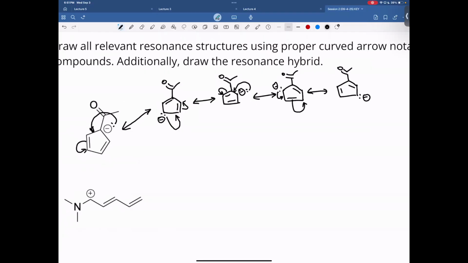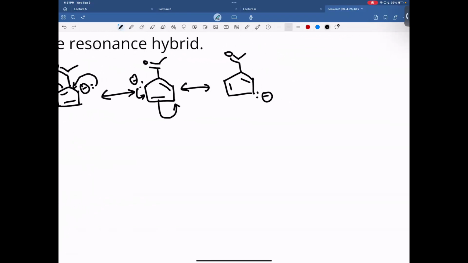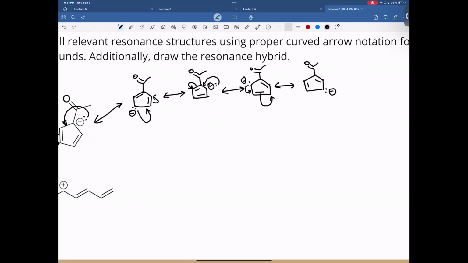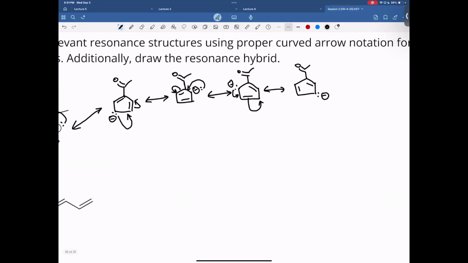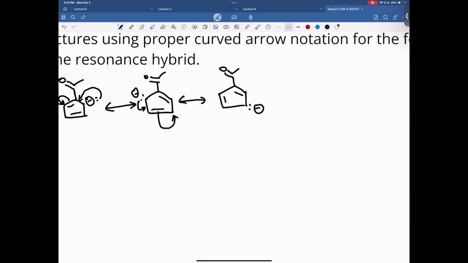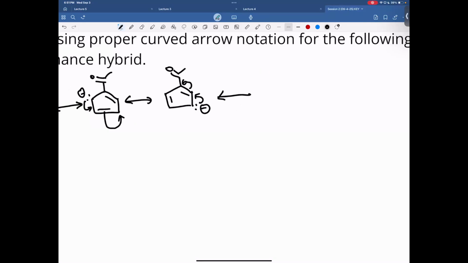Actually, I'm going to show that last, after the ring itself. And then we can do one more here. And then we can do another one here. Bring this one here, and then this charge here, to make another resonance structure.